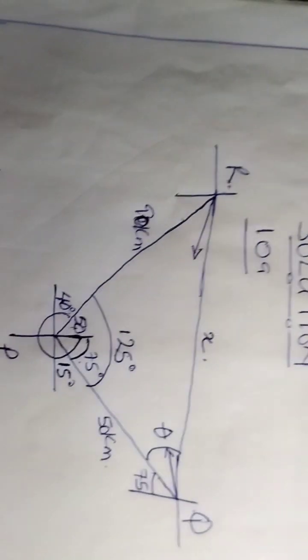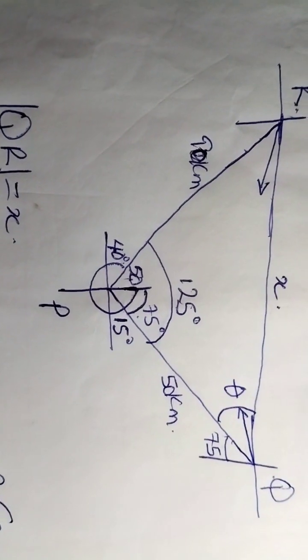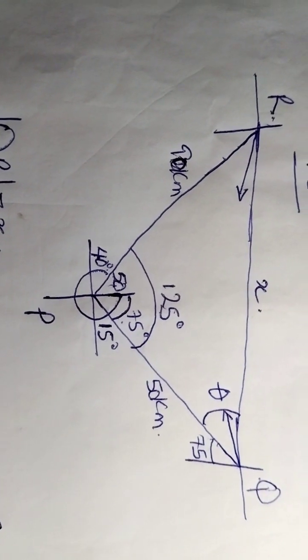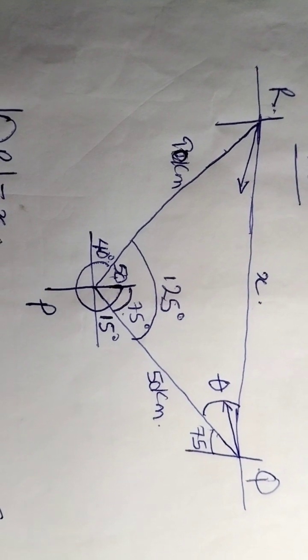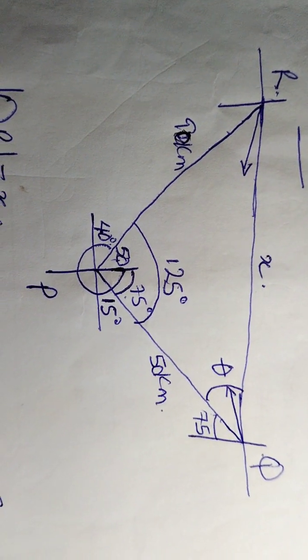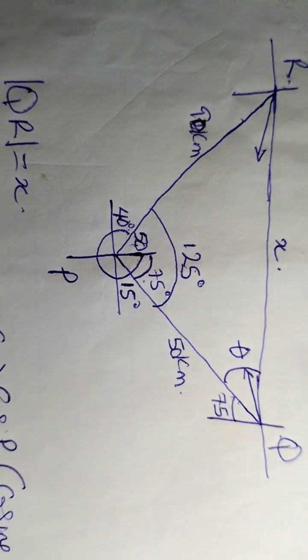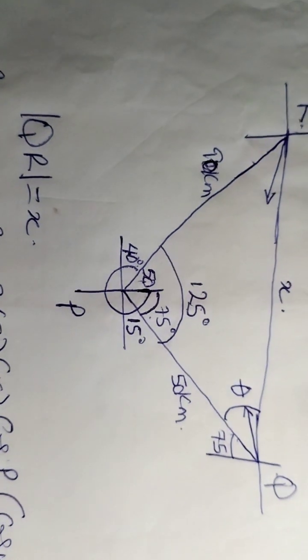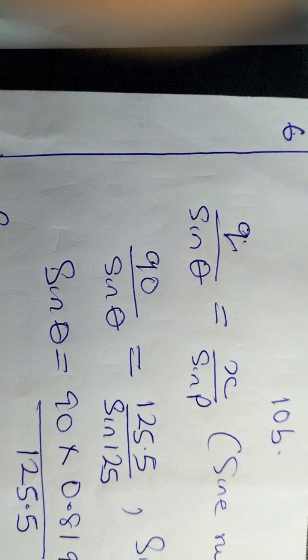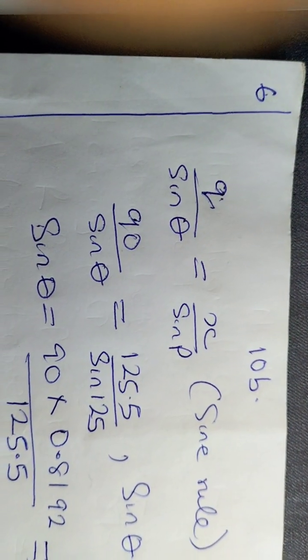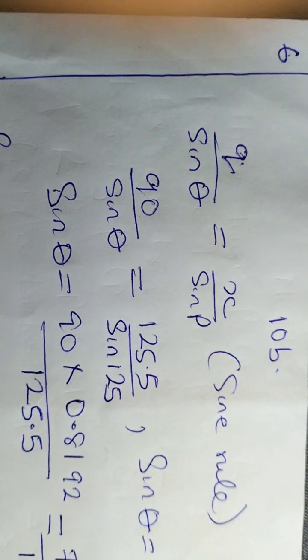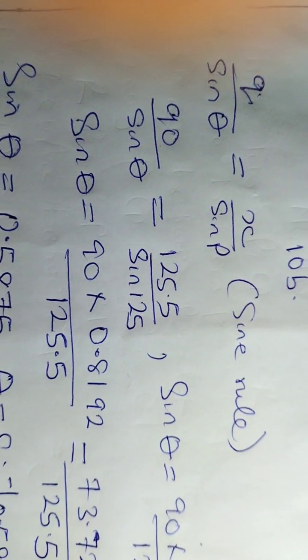So we now go to the second question that says find the bearing of R from Q. So first of all, we have to find the angle theta, the angle at Q. So go to the solution. Applying sine rule, q over sine theta equal to S over sine P. That is sine rule.